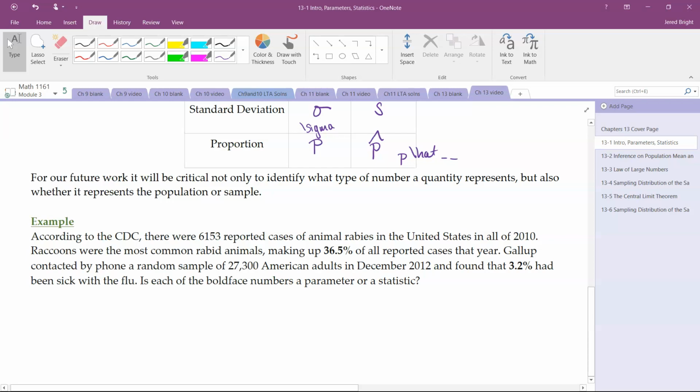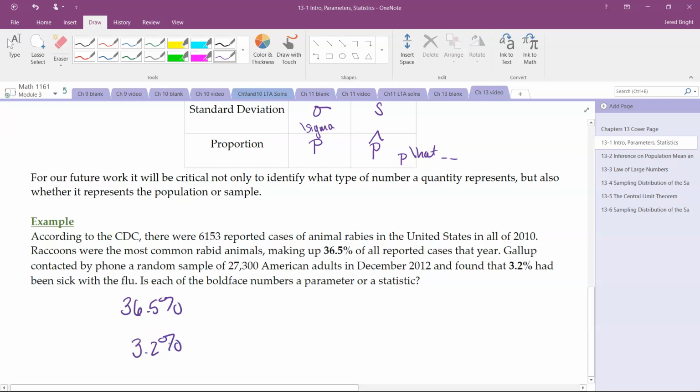I encourage you to pause the video, take a moment, read through the context, and decide: are the bold-faced numbers that are given to us parameters or statistics, or is each one a parameter or a statistic? We have two bold-faced numbers, 36.5% and 3.2%.